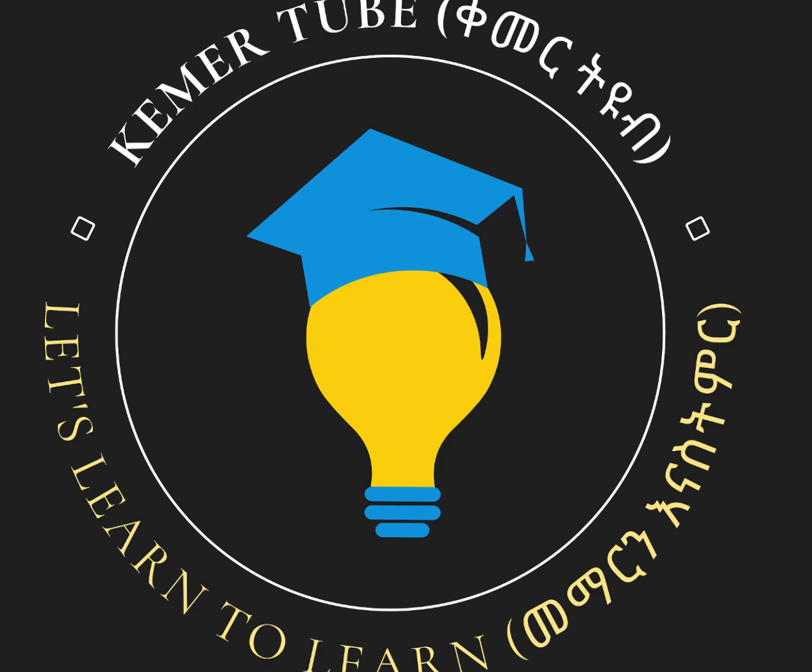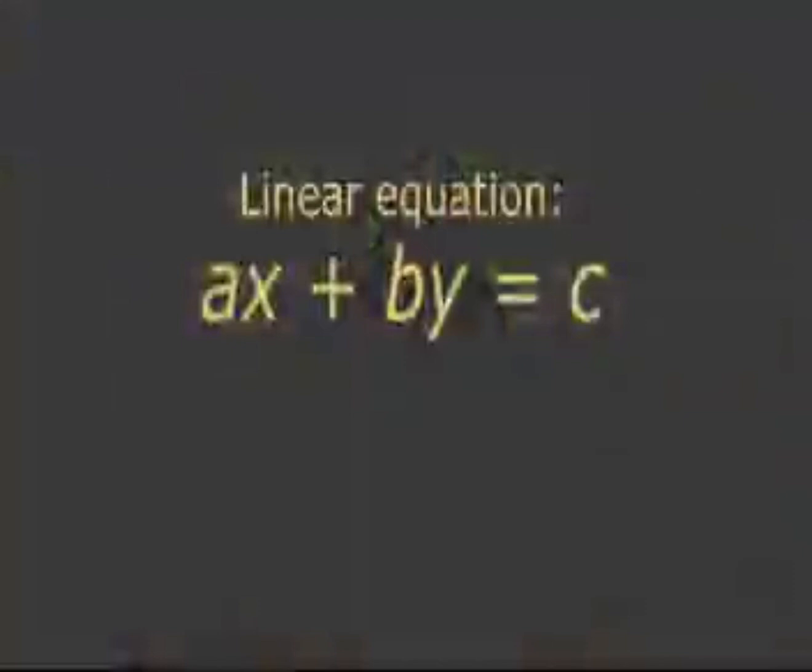A first-degree equation, also called a linear equation, takes this form, where A and B are both not zero.